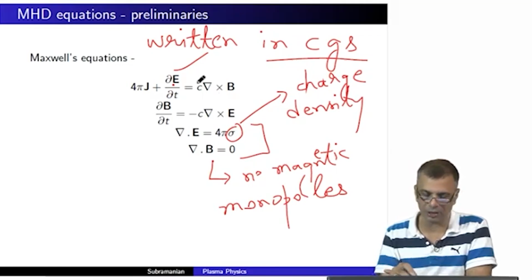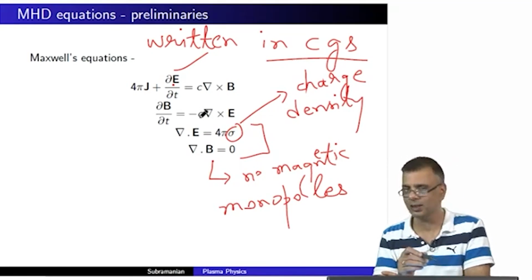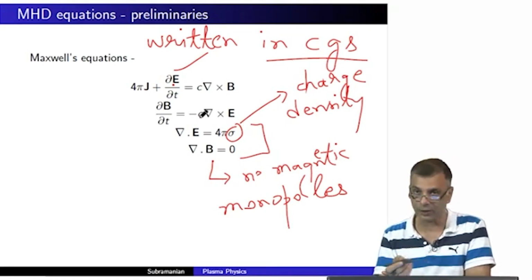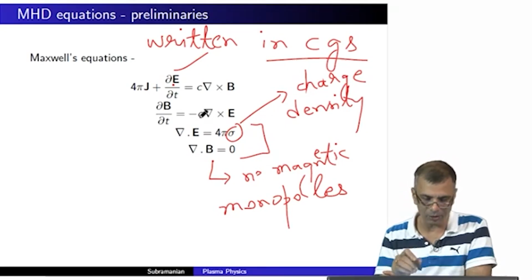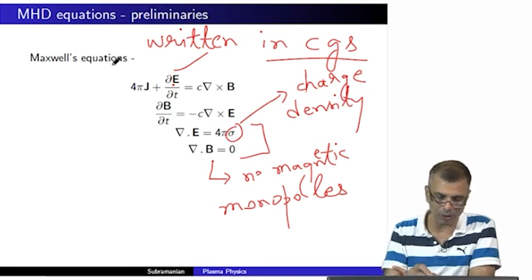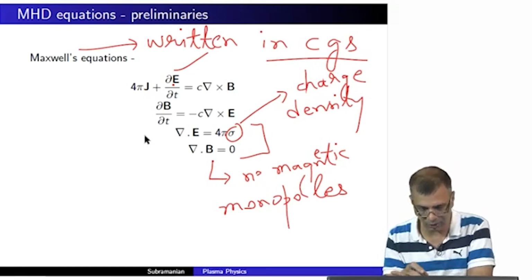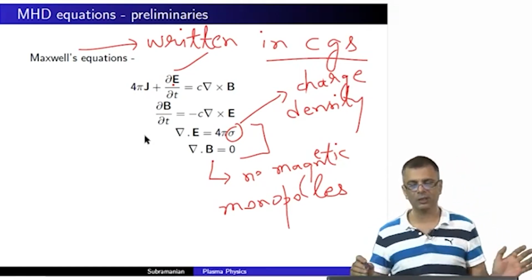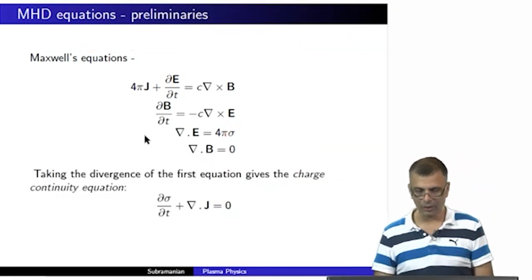It is just that these constants will appear slightly different. If you are more comfortable with SI units, that is fine, no problem. The basic physics is still the same, but I wanted to emphasize that these 4 equations, the Maxwell's equations, are written in CGS units.